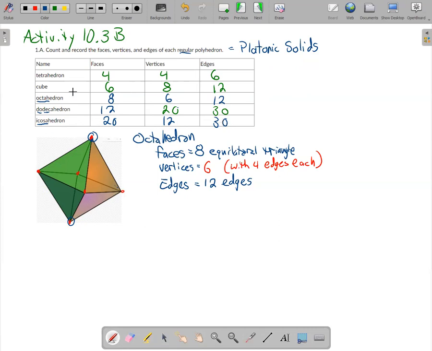It turns out that there is a pattern to these numbers when you go from left to right here. There's a pattern with the numbers 4, 4, and 6 that matches the pattern of 6, 8, and 12. So 4, 4, and 6 are related in the same way that 6, 8, and 12 are related.